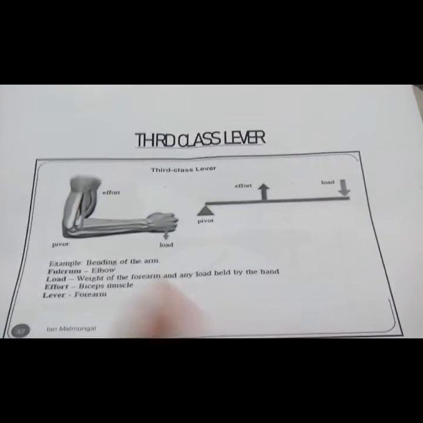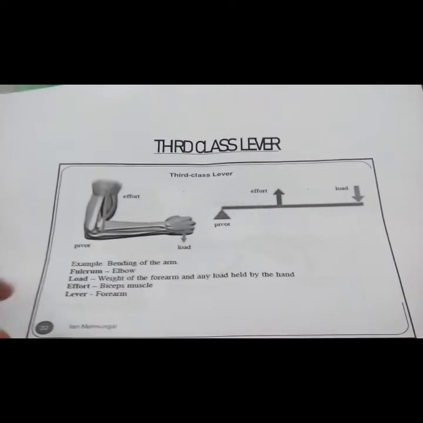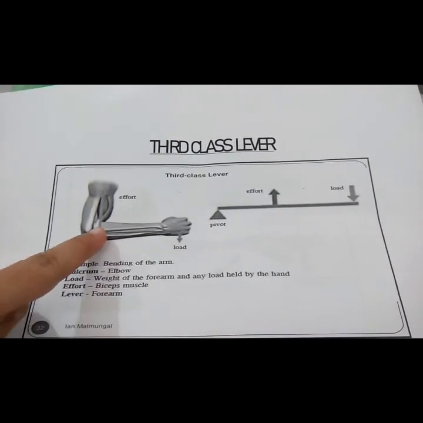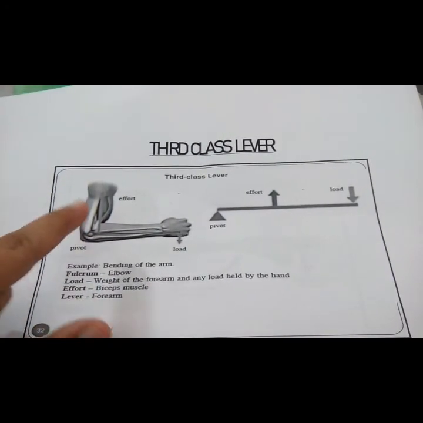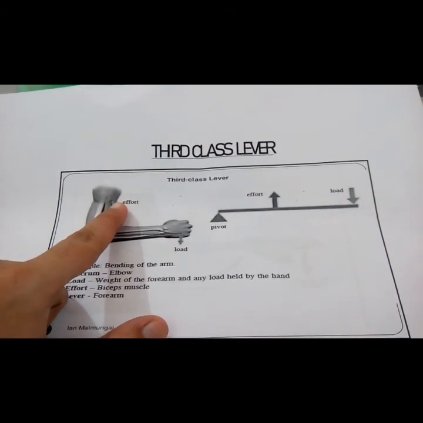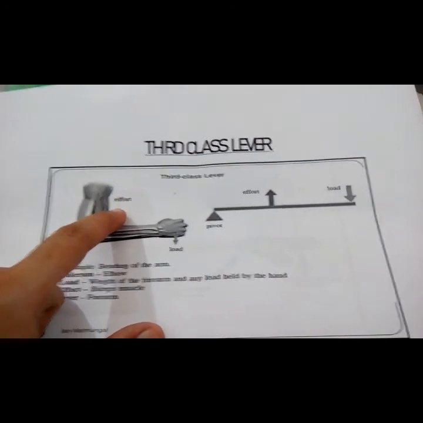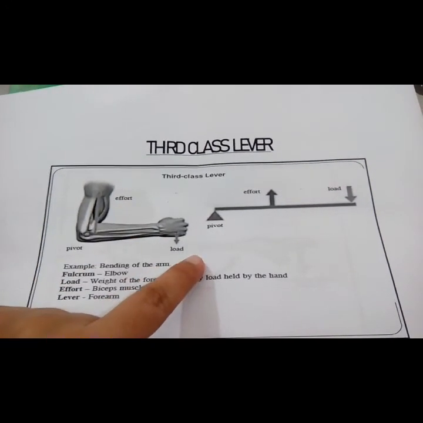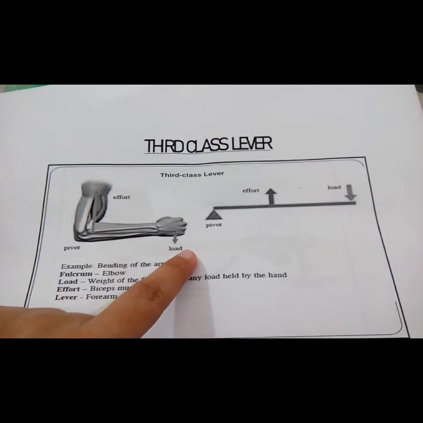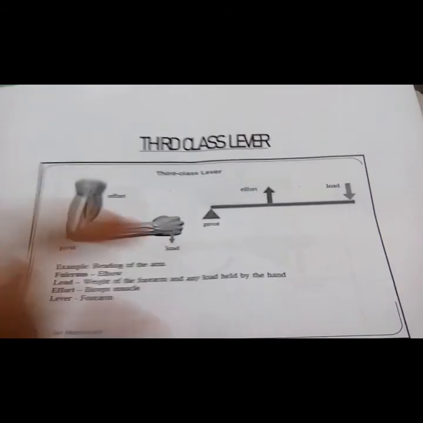Third class lever. Let's take an example of flexion of the elbow joint. Using the elbow joint as the axis, the fulcrum, the biceps brachii applies force, the effort, at its insertion on the radial tuberosity, working together to move the load held in the hand with the forearm acting as a beam.